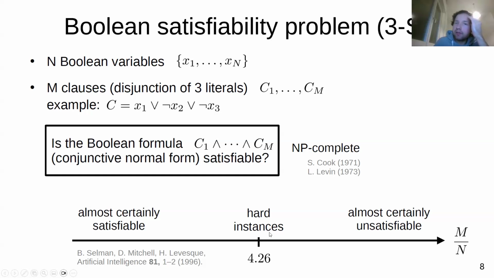And so if we look at instances around this phase transition point, there we have a good probability to find very hard to solve instances, which usually means that the instance has one unique solution.